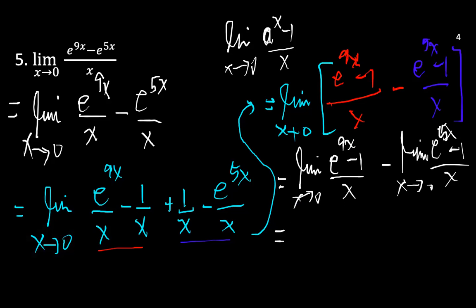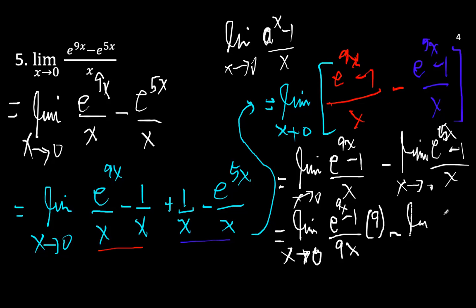So this becomes the limit of e raised to 9x minus 1 over 9x times 9 as x approaches 0, because it's just like multiplying by 1, minus the limit of e raised to 5x minus 1 over x as x approaches 0.